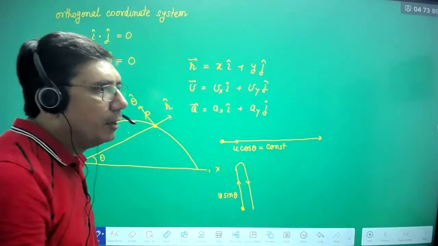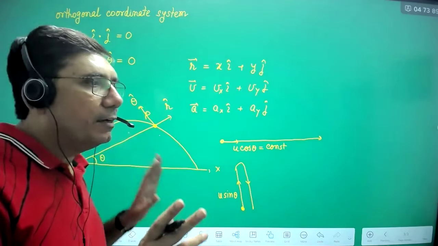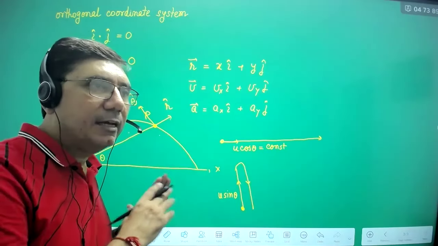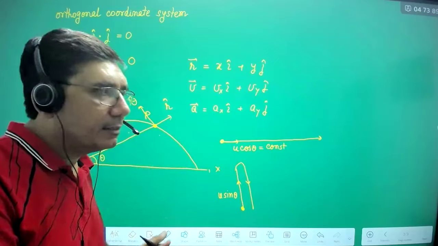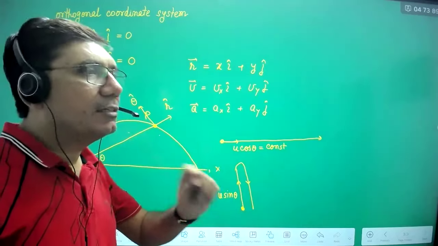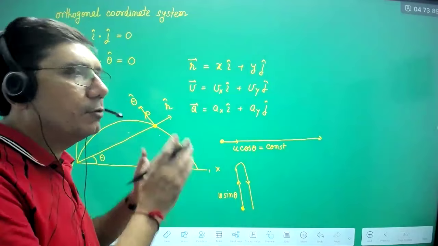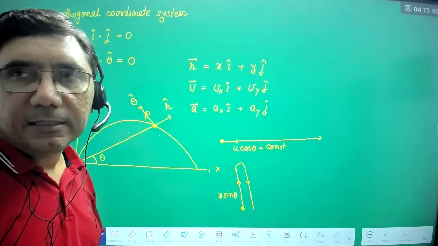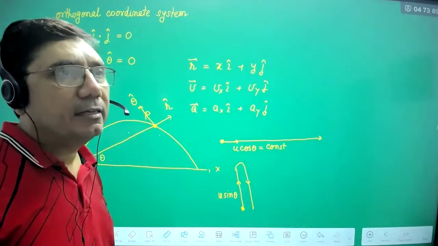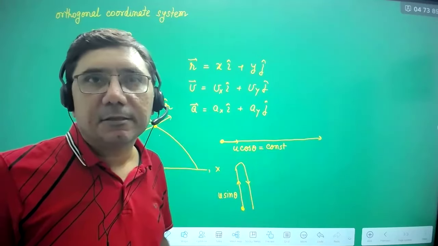Why are you able to split it into two independent motions, one in the x direction and one in the y direction? That is due to this orthogonality. Orthogonality gives us this advantage. That's why in general we choose an orthogonal axis system. Even in quantum mechanics, when you study it, you have to choose a basis.